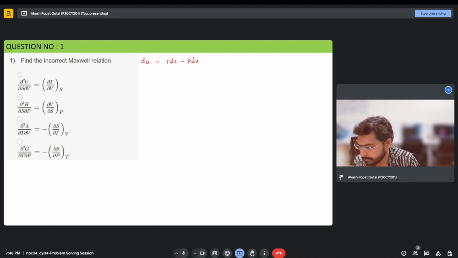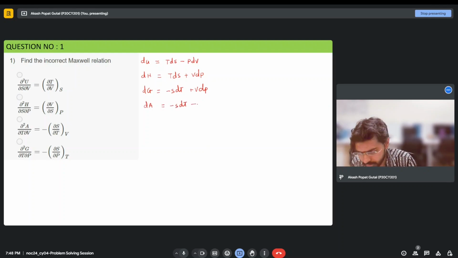Then we have dH equal to TdS plus VdP. dG is equal to minus SdT plus VdP. dA is equal to minus SdT minus PdV. The first relation is del 2U by del S del V.